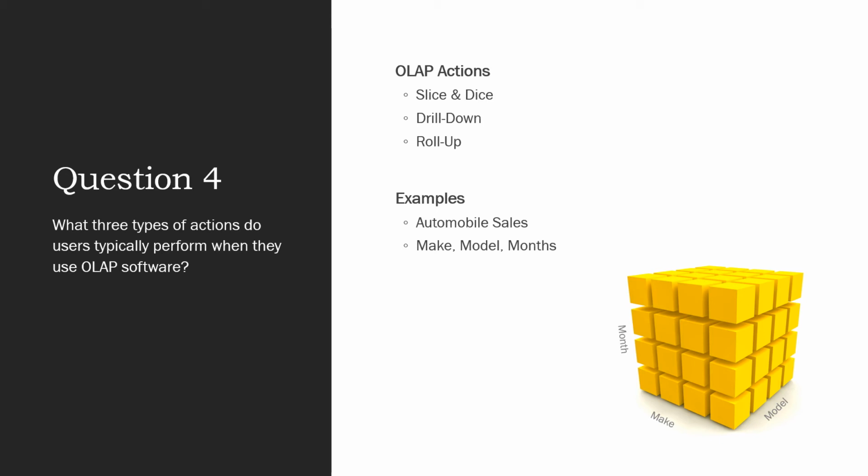Now, if we still focus on the month axis of our cube and we perform the roll up action, we can then see the sales for each make and model by quarter or by the year as a whole. Both procedures allow us to view the data at different levels of granularity.